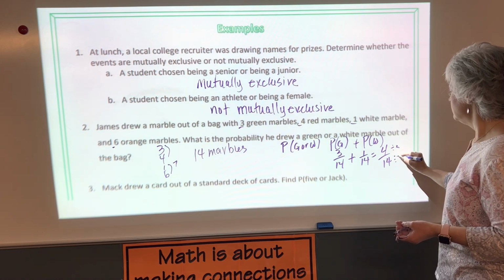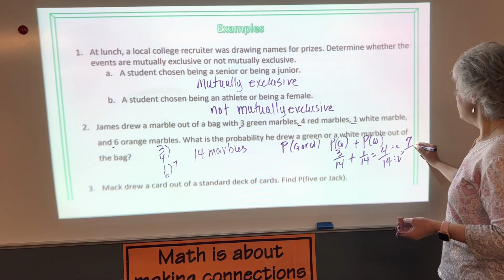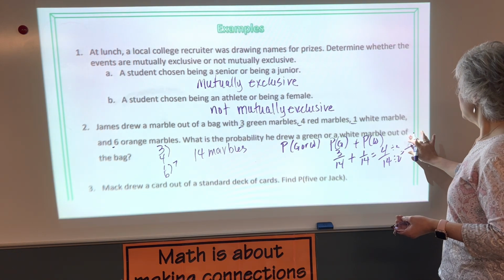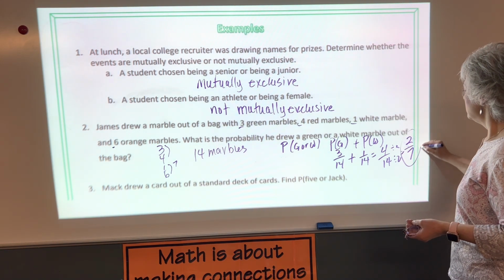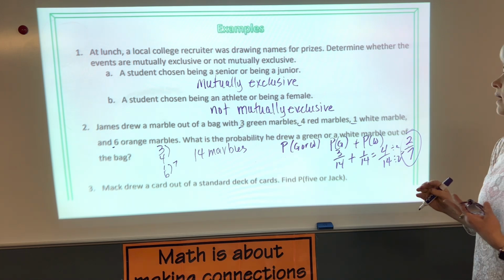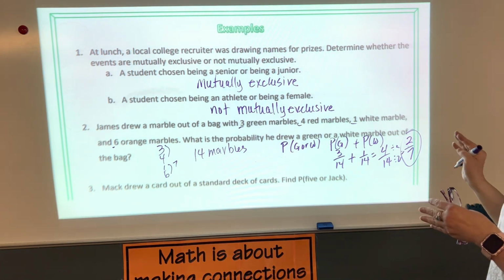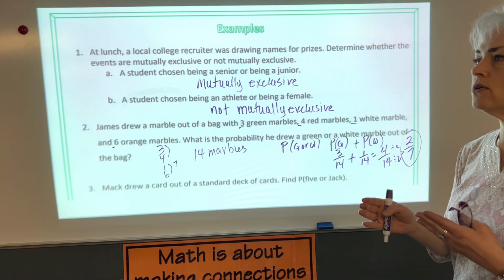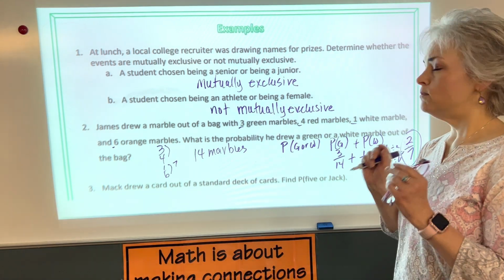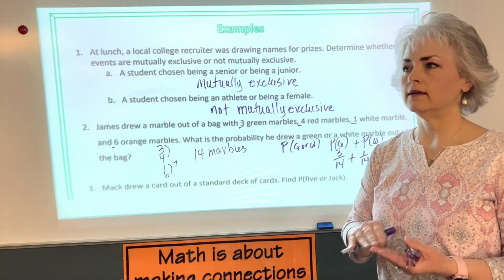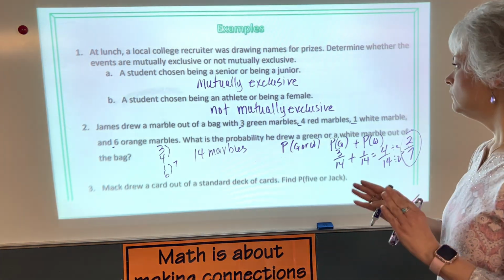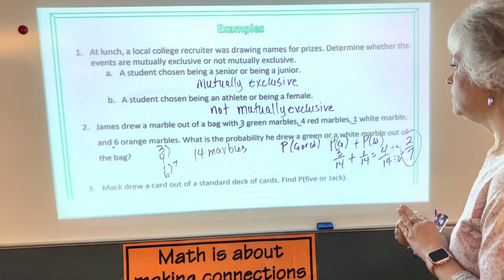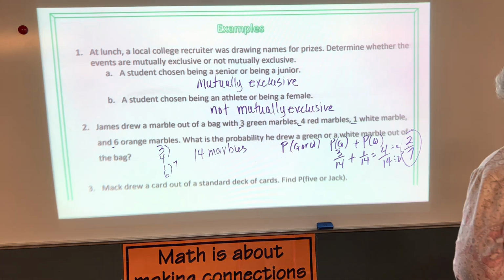Simplify that, and that's 2 out of 7. So the probability of getting the green or the white is 2 out of 7, because those events are mutually exclusive. You can't, they're two different things.